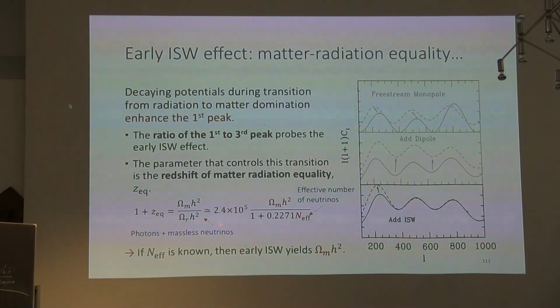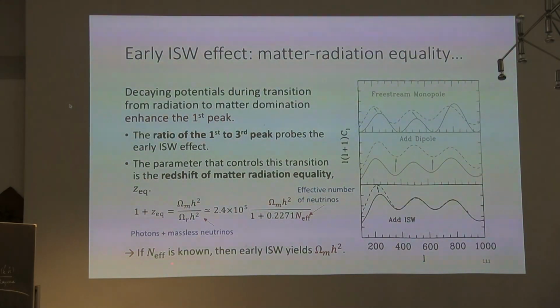So if you can establish that equality from the ISW effect, and since we know what the photon energy density is, and we can also calculate the energy density in massless neutrinos, then what you have done is to pin down this omega m h squared parameter, the matter density. If you know the equality, you know the matter density, assuming you know the radiation density.